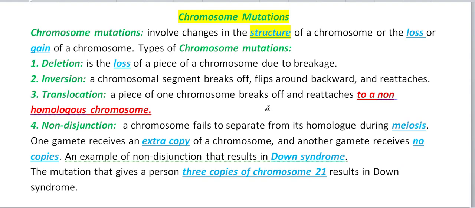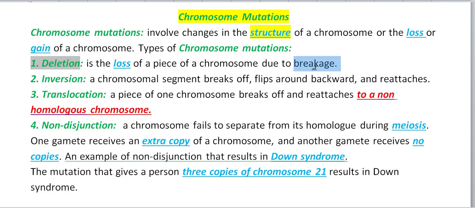Chromosomal mutation involves a change in the structure of a chromosome or loss or gain of a chromosome. These are the types of chromosomal mutation. The first one is deletion. Deletion is the loss of a piece of a chromosome due to breakage.